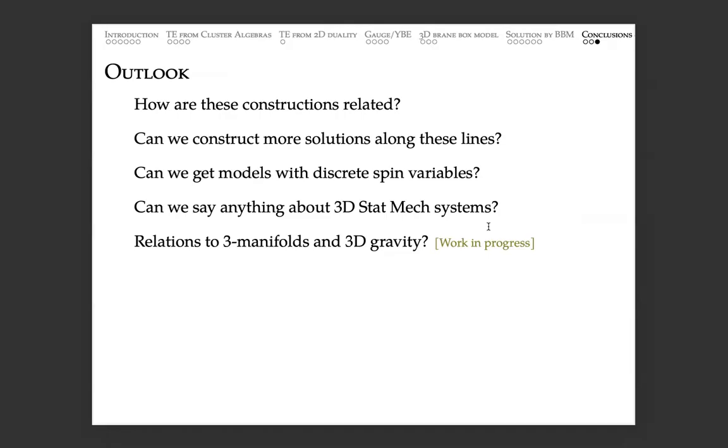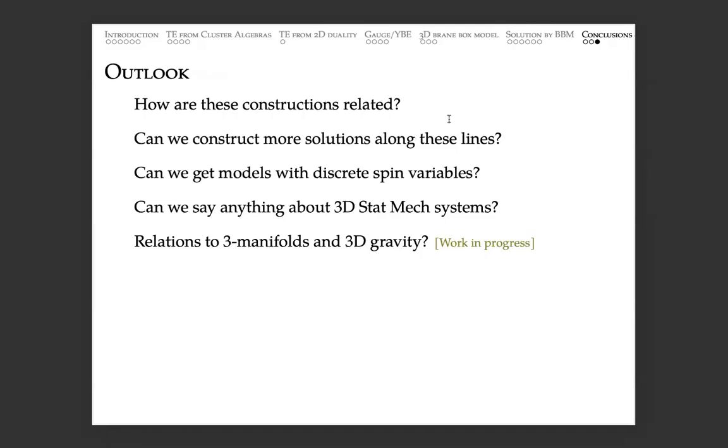I would say the answer is definitely yes for, say, this brane box model construction, because this brane box model, which I explained here, is actually the simplest of a much bigger class of brane constructions, which is known as brane brick models.